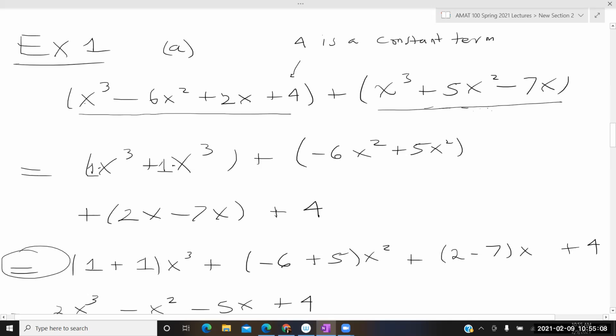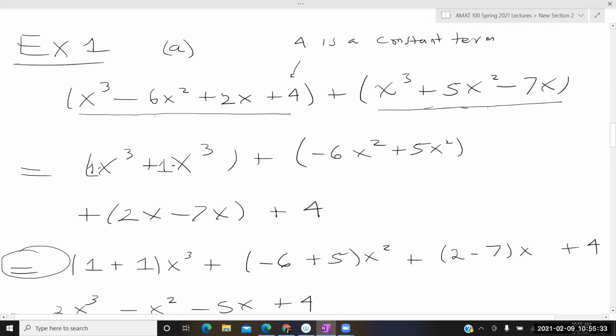That will be x cubed, the largest power of x in this expression. Then we look over here for the term whose degree corresponds to that, and that's x cubed. So these two x cubes associate together, and the coefficient of each one is 1.